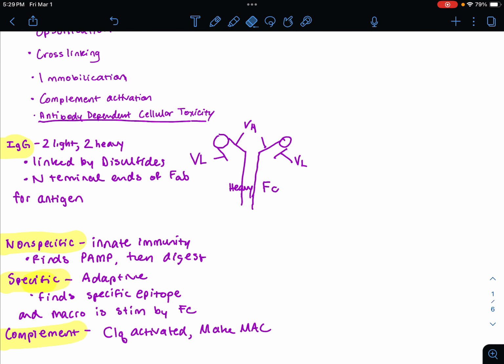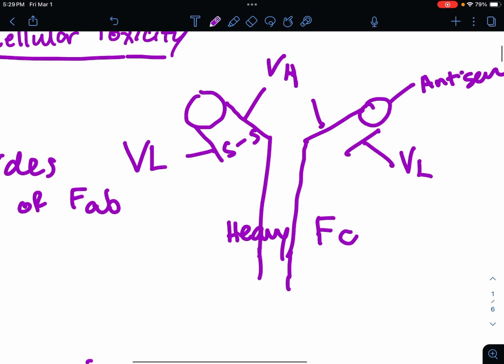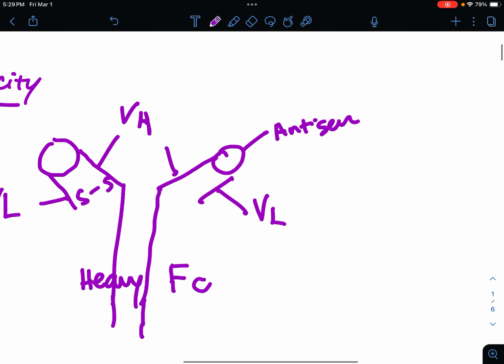All right, so we're going to have these disulfide linkages between the sulfurs in here. The N-terminal ends of the heavy and light peptides will form those binding sites. Again, this is the antigen. And at the end of the variable region, you're going to have the binding sites. The amino acids at these binding sites are very hypervariable.